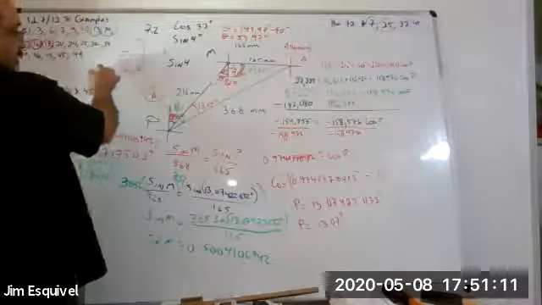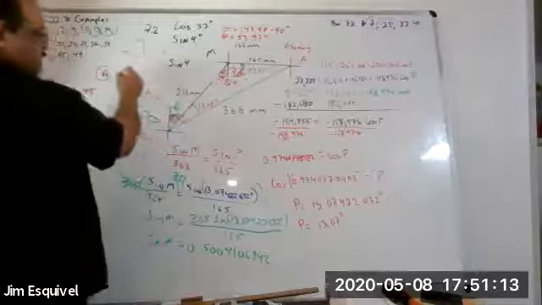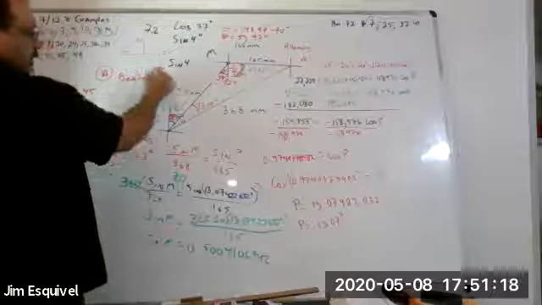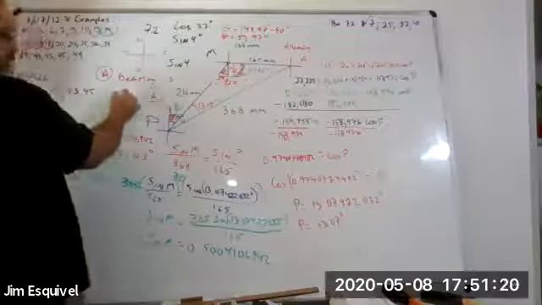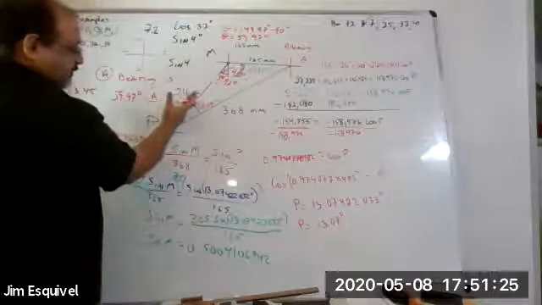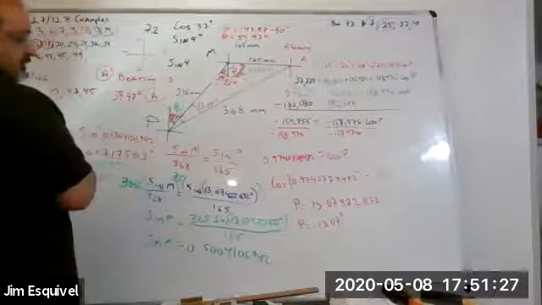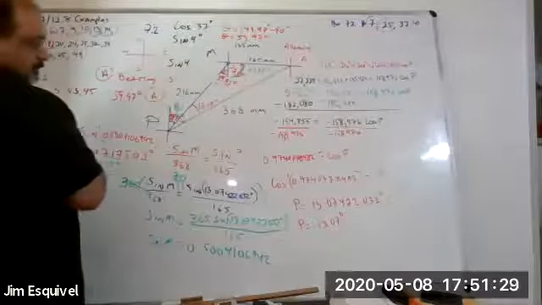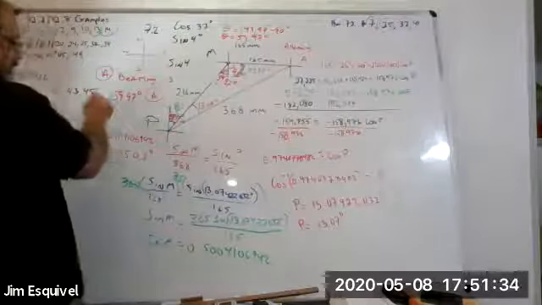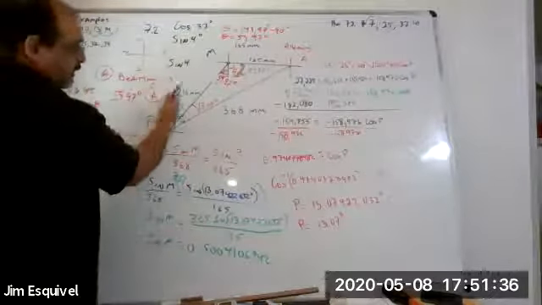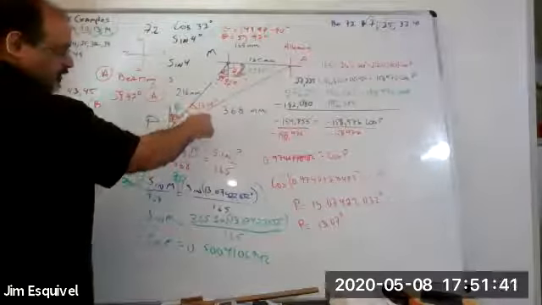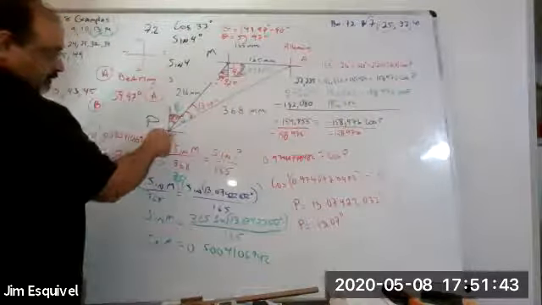So what's the bearing of Minneapolis from Phoenix? Part A. The bearing is 59.97 degrees. Turn 59.97 degrees and you're headed towards Minneapolis. And then for part B, to go from Phoenix to Albany, it's just an extra 13.07 degrees of a turn.